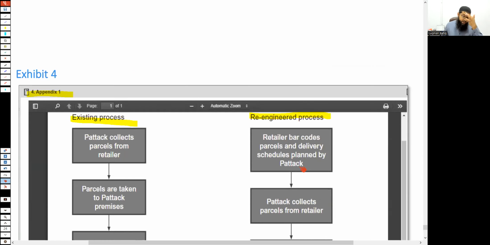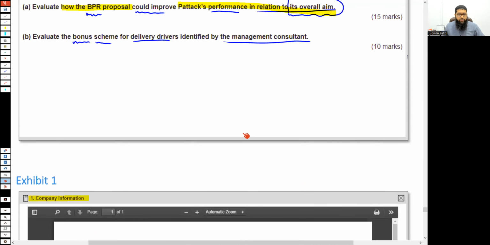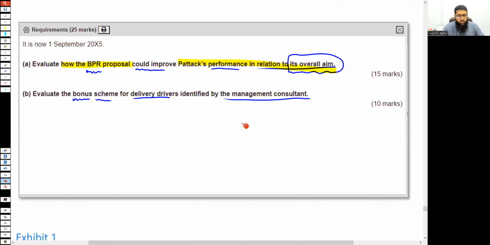Now, what next is there? Let's just try to see this. The requirement of the question was to evaluate how the BPR could improve Patek's performance in relation to its overall aim.